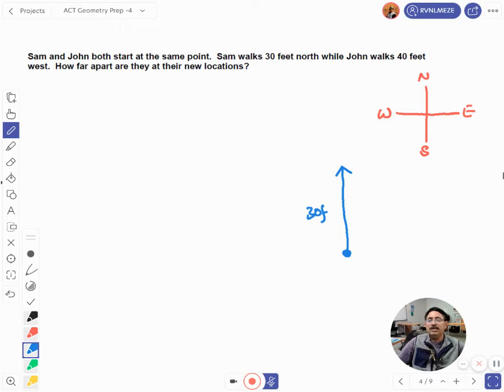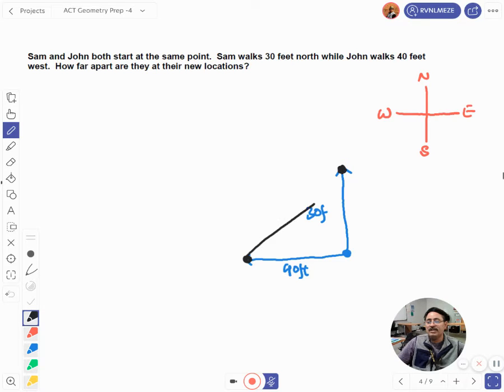John walks 40 feet west. West means look at this one. So west is towards the left side. So John walks in this direction 40 feet. Now, how far are they from their new points?